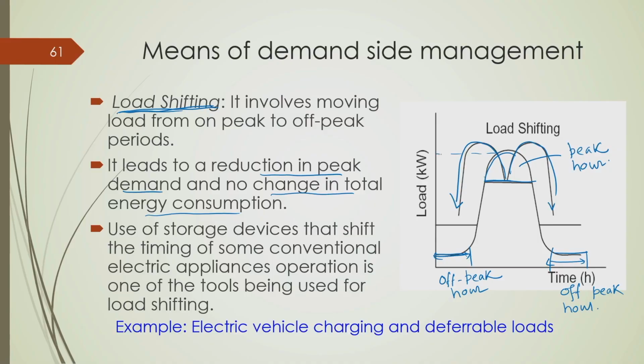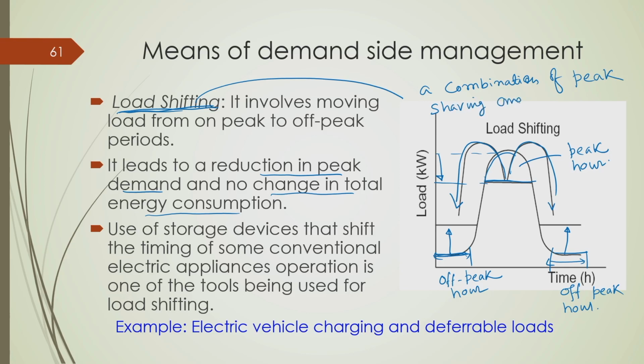One is peak demand will reduce from this value to that value, whereas the off peak hour demand will increase from that value to that value. Okay. So, this program is basically a combination of peak saving and valley filling.